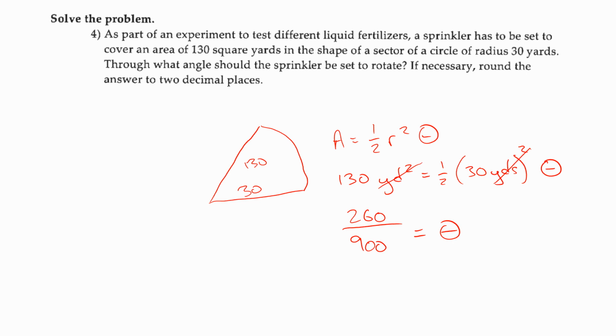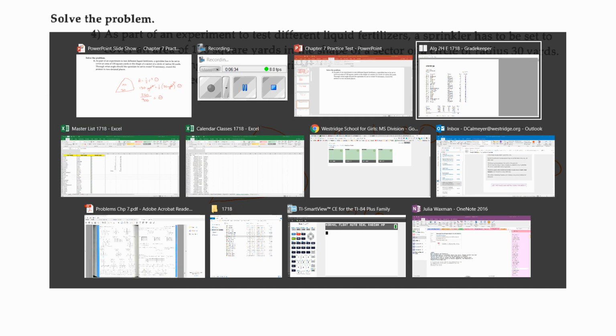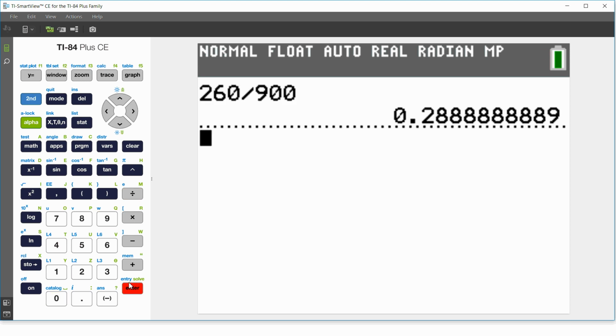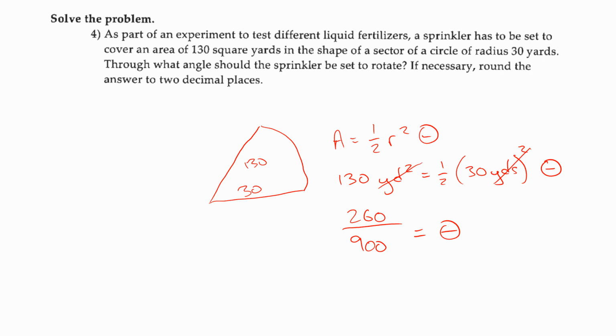Okay, it does say to round to 2 decimal places, so let's go ahead and grab our calculator. There it is. Okay, so 260 divided by 900. So it rotates through 0.29 radians. Theta equals 0.29 radians.